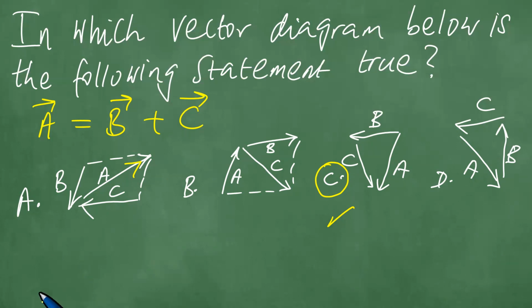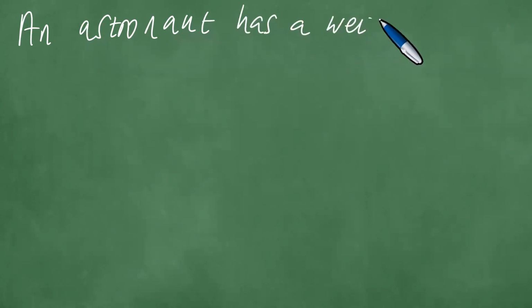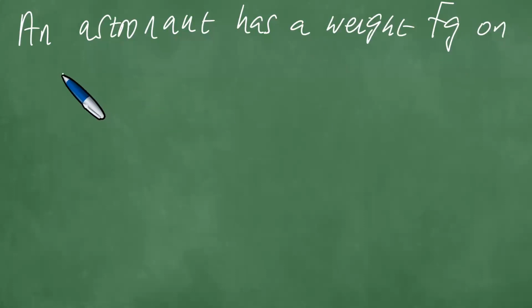Let's look at an astronaut. An astronaut has a weight Fg on Earth.